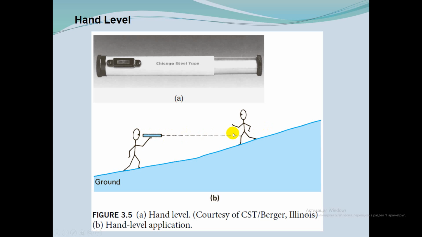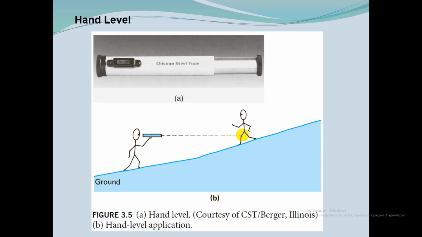For example, if the surveyor with the hand level is sighting with the instrument crosshair horizontally on his or her partner's waist, and if both are roughly the same height, then the surveyor with the hand level is lower by the distance from eyes to waist.